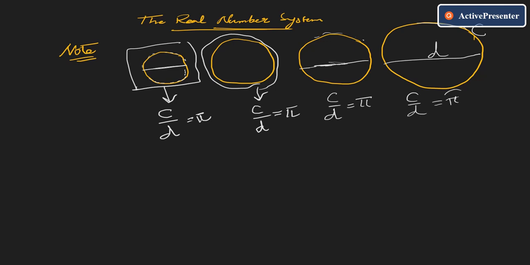So all of us, I think, studied math and know what pi is. In fact, if you check in your calculator what pi represents, you will find that pi is around 3.14159.